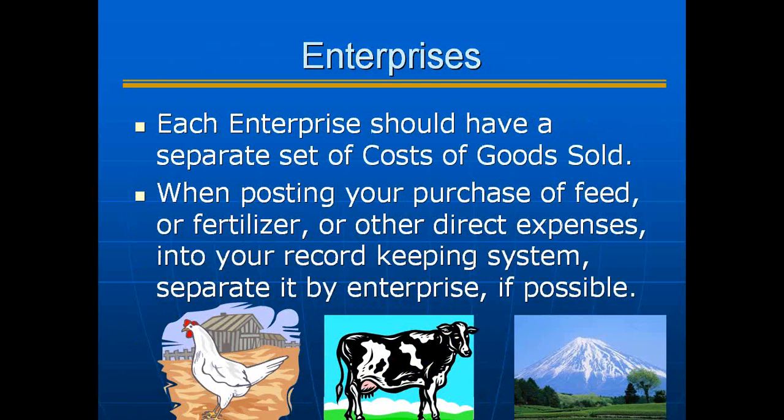Okay, so each enterprise, in my opinion, should have a separate cost of goods sold. And so the way, even though this might not be technically correct, if you have livestock, if you have crops, if you are doing contract harvesting, the way I would set it up myself and the way I recommend other people do it is to have a cost of goods sold for each enterprise.